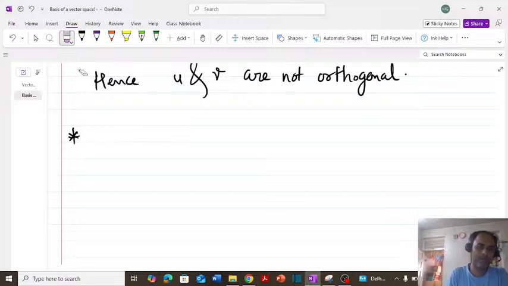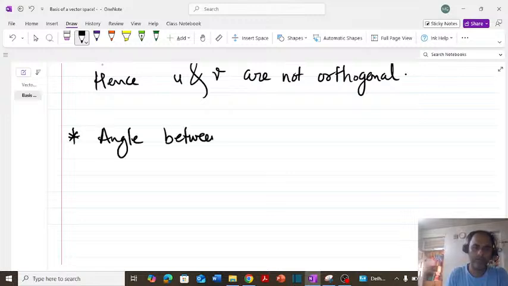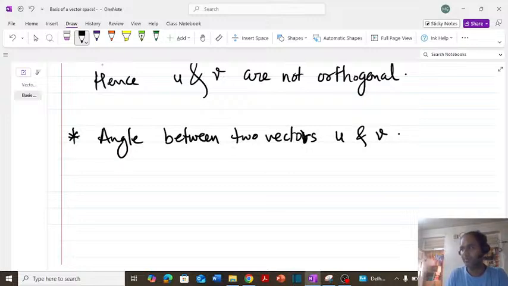So for calculating the angle between the two vectors u and v, the formula is going to be like this.